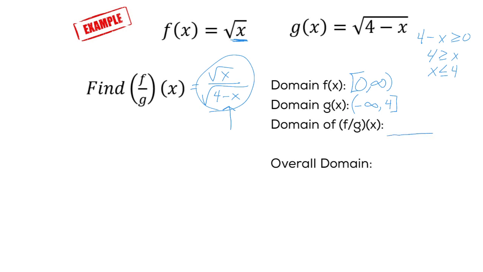So on this one, I'm going to kind of look at it as a number line and think about all the restrictions, because my overall domain has to include any restrictions at all. So I'm going to look at if this was at 0 and this is over here at 4, my first restriction says that 4 has to be greater than or equal to 0.